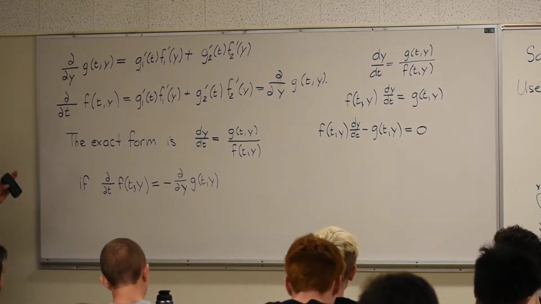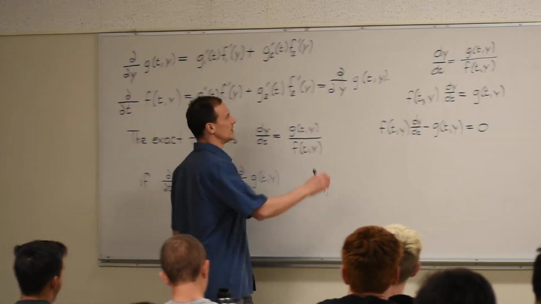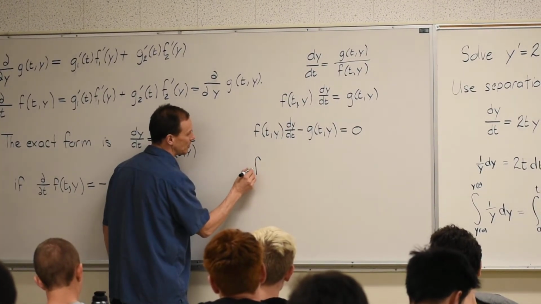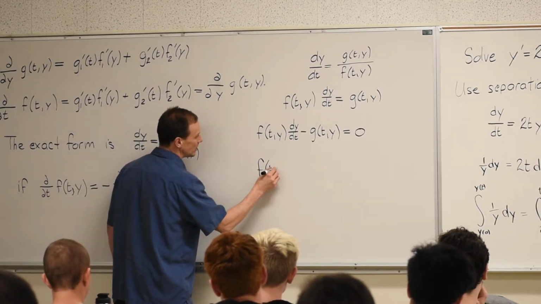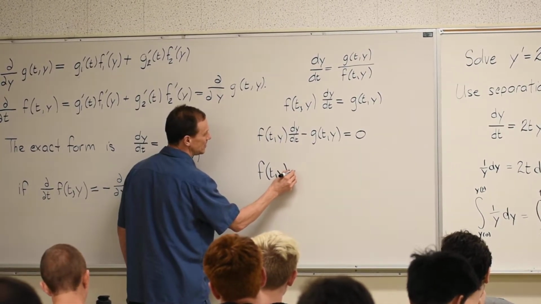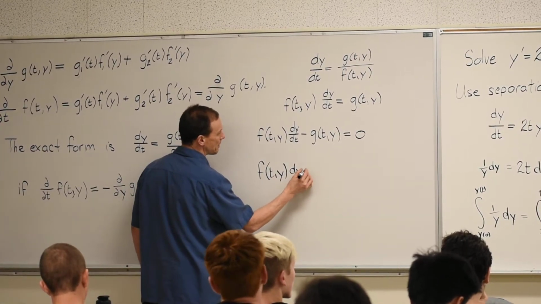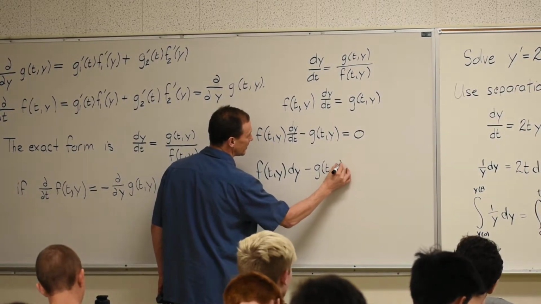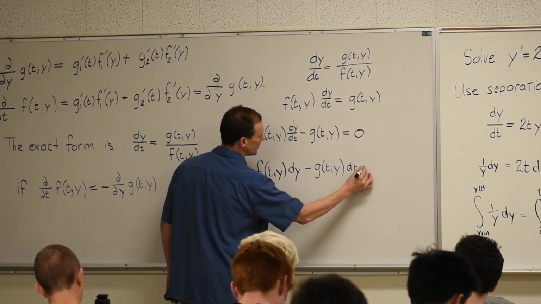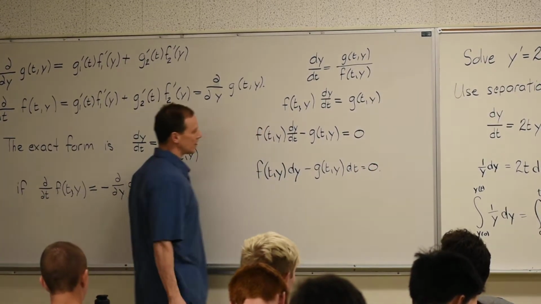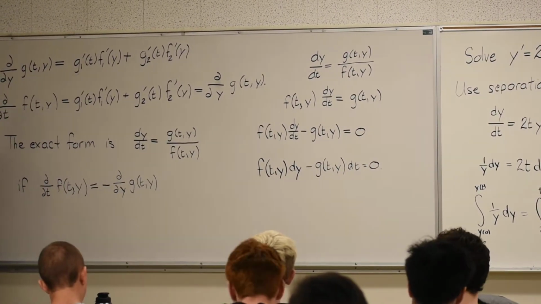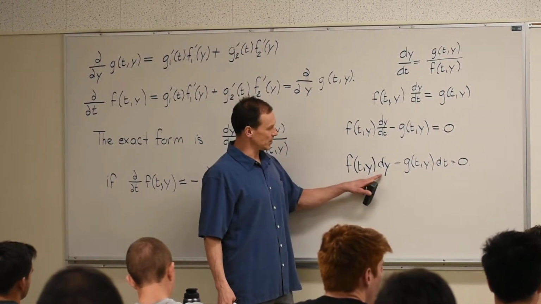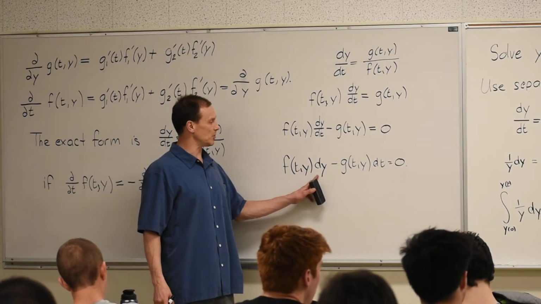And then one more thing is done. We've been multiplying the differentials. So if you multiply them out one more time, you would write it as f of t comma y dy minus g of t comma y dt equals 0. And look at this. Our function f was originally differentiated with respect to y.